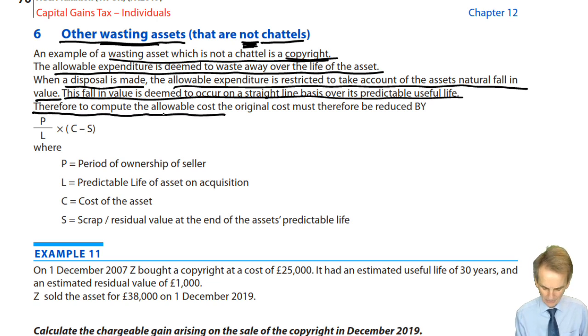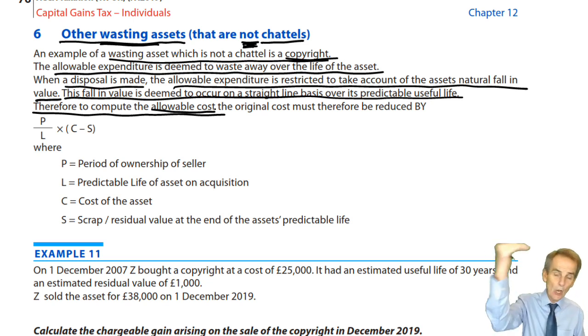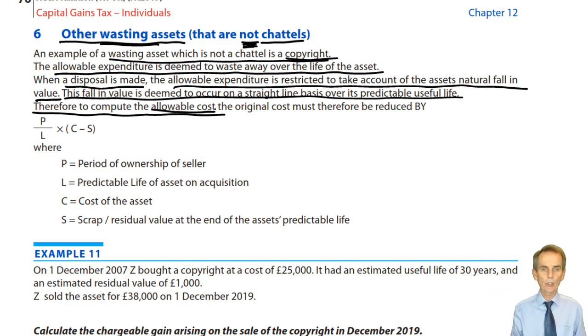Therefore, to compute the allowable cost, like with a part disposal, herein lies your problem: getting the allowable cost to go against your net proceeds to work out any gain or loss that now arises. If I was to compute the allowable cost, the original cost, of course a given figure, must therefore be reduced BY.